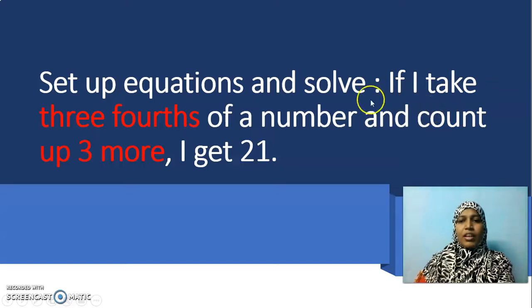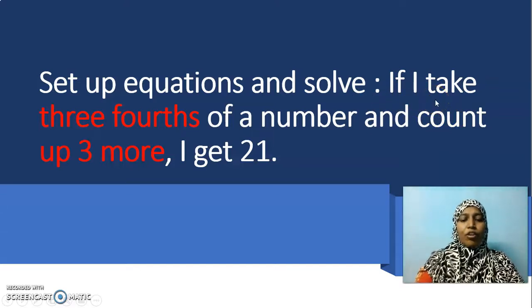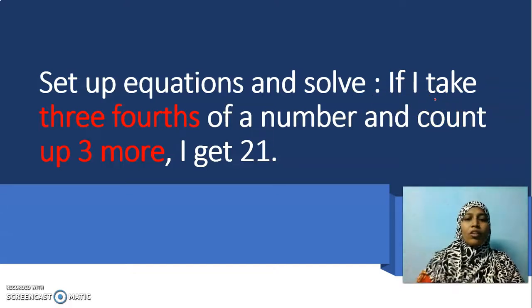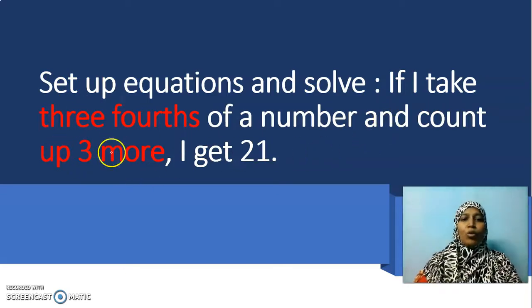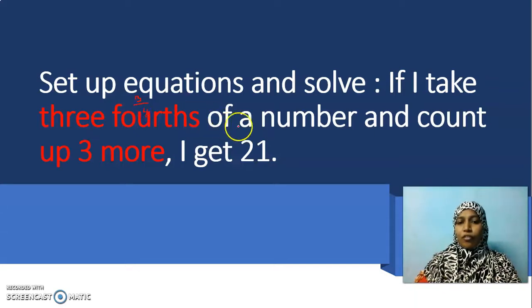See, the question is, if I take 3/4 of a number and count up 3 more, I get 21. If I take 3/4 of a number, here this "of" stands for multiplication.